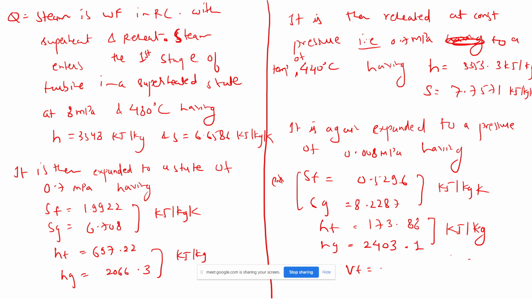Sir, the Sf value is also not clearly visible. Which value? The Sf above, this step. Sf is 0.5926. Is it visible now? Yes, sir. Thank you, sir.